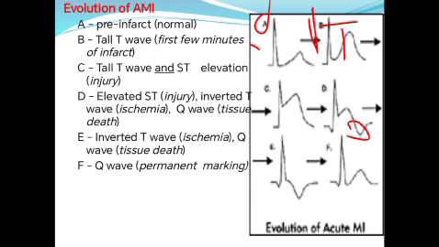That means it is in 24 hours, and thereafter there will be the formation of a Q wave and T wave inversion, and the Q wave will be permanent. If we find the Q wave, that means we have an old myocardial infarction. That's the sequence that occurs within 24 hours and more for the evolution of acute myocardial infarction.